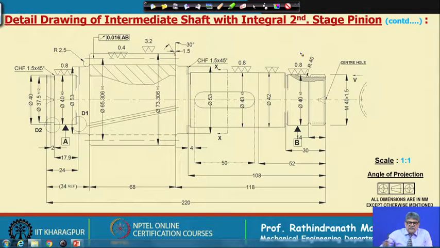Now, in machining, if it is a single piece, then of course we can hold it in a chuck if its length is slightly more, and just by supporting it by some means, if it is a small one, we can machine it.